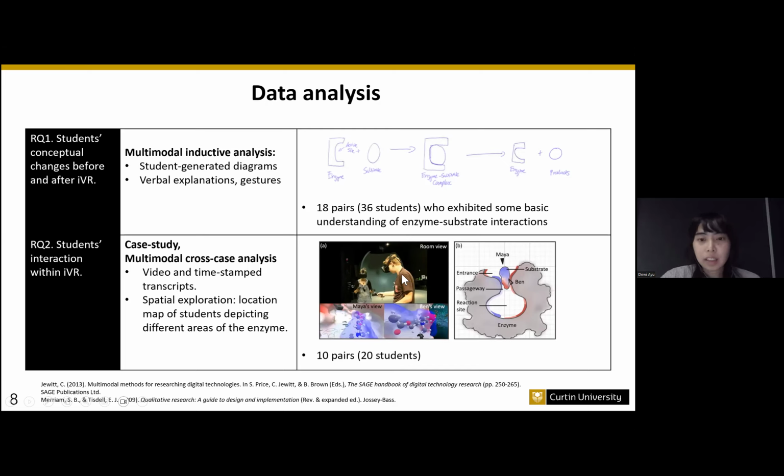And from that video, we created a location map to follow how they move inside the VR space. So we draw how the enzyme is, the direction and position of each student, and the positions of the substrate that they move around.